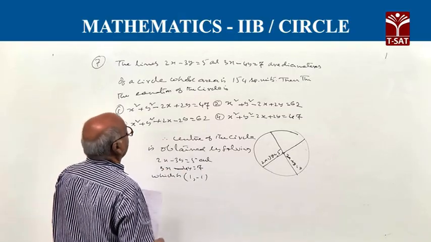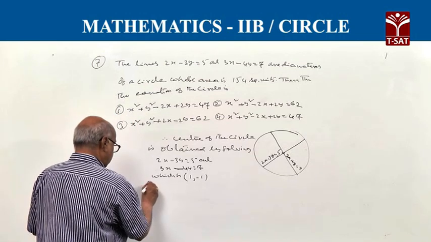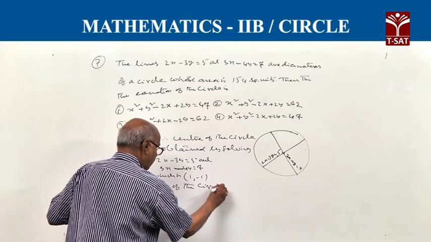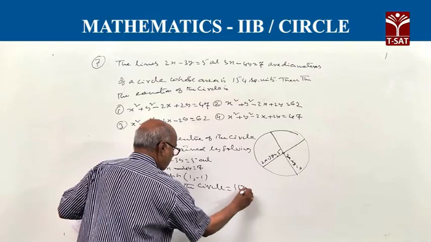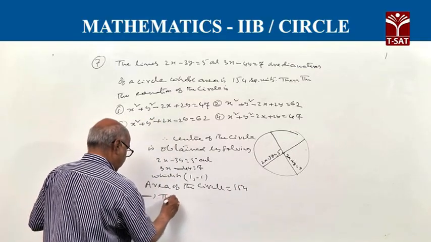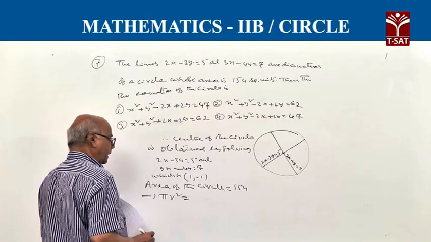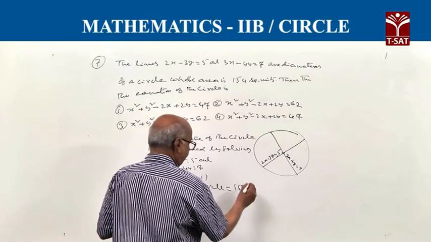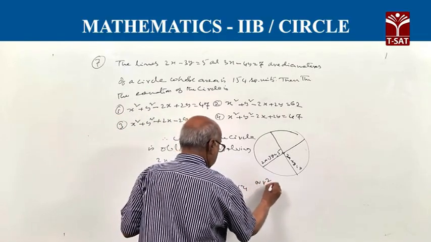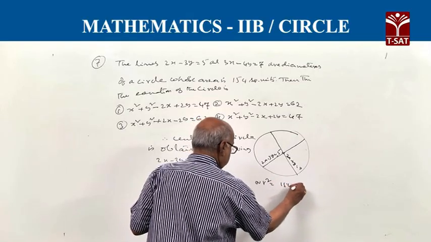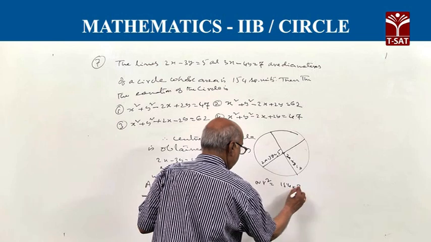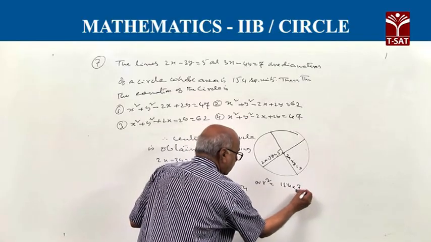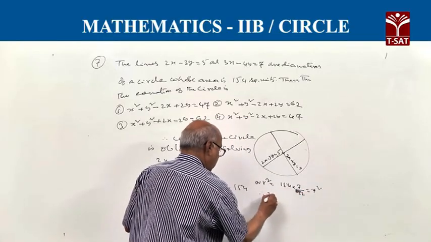And the area of the circle is equal to 154, which implies pi r square is equal to 154, or r square is equal to 154 into 7 by 22. That is 7 square. So therefore r is equal to 7.